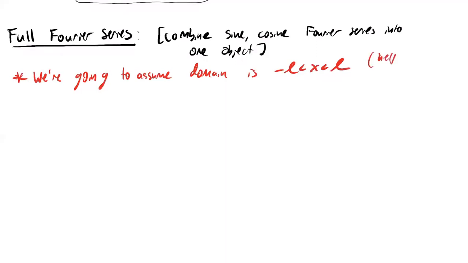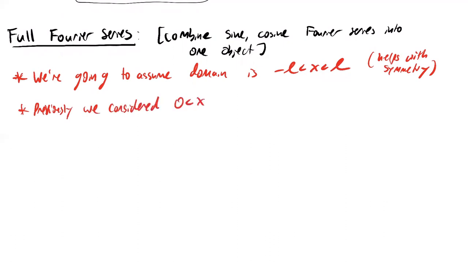So this is going to help with symmetry, which makes some calculations easier. So previously, because we were motivated by the boundary value problem, we considered x between 0 and L. And this is something that the book does, so I need to match up with it. So maybe this could be potentially confusing.